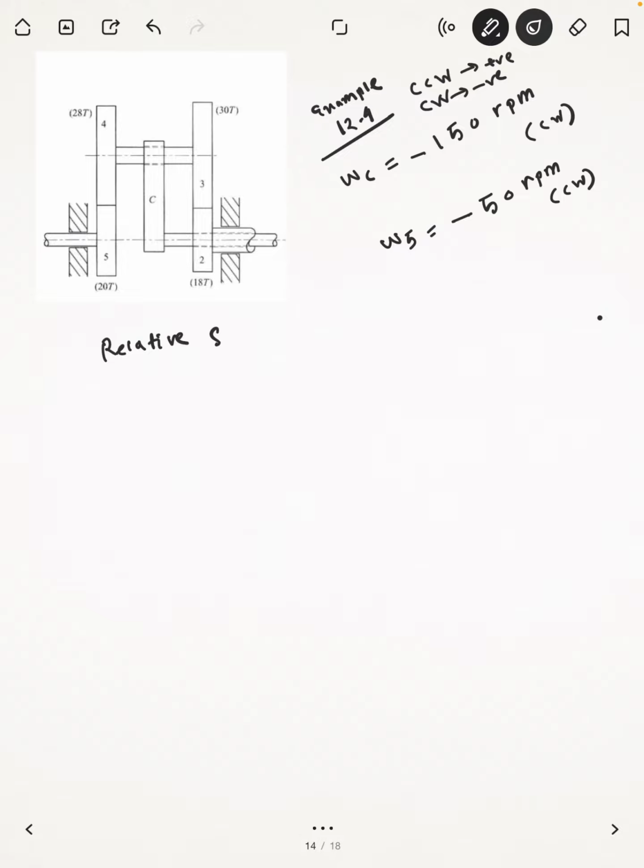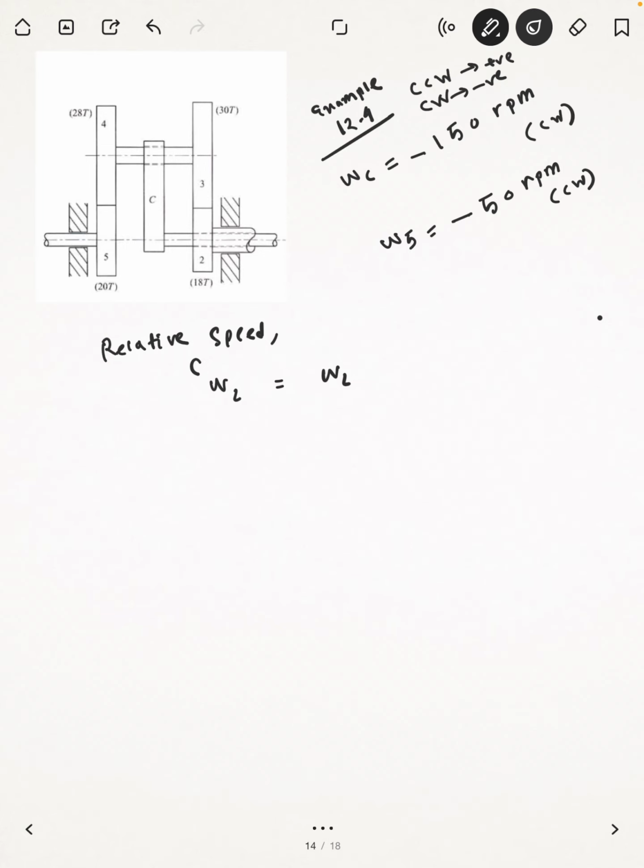If I want to determine the relative speed of omega 2 in terms of the carrier, how can I write it? You have to write that particular speed omega 2, and subtract the speed that we're taking as reference. That means we're taking reference in terms of the carrier speed.